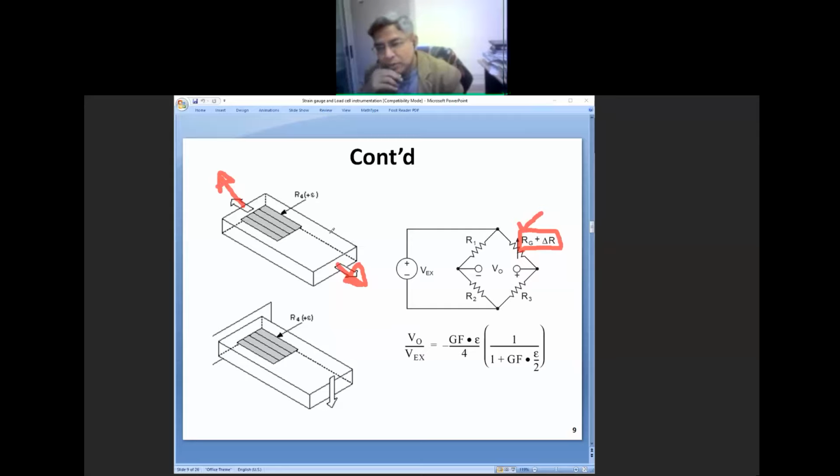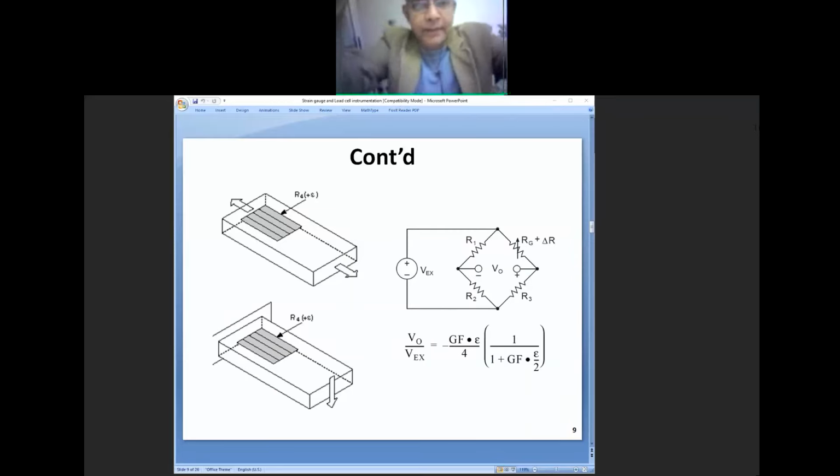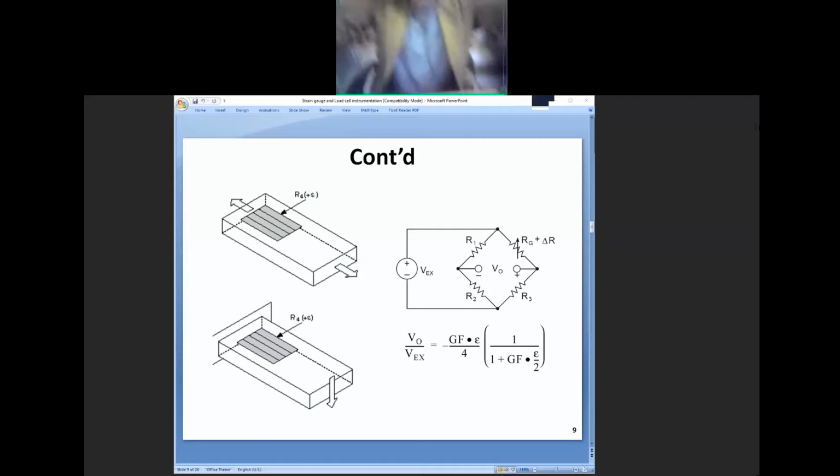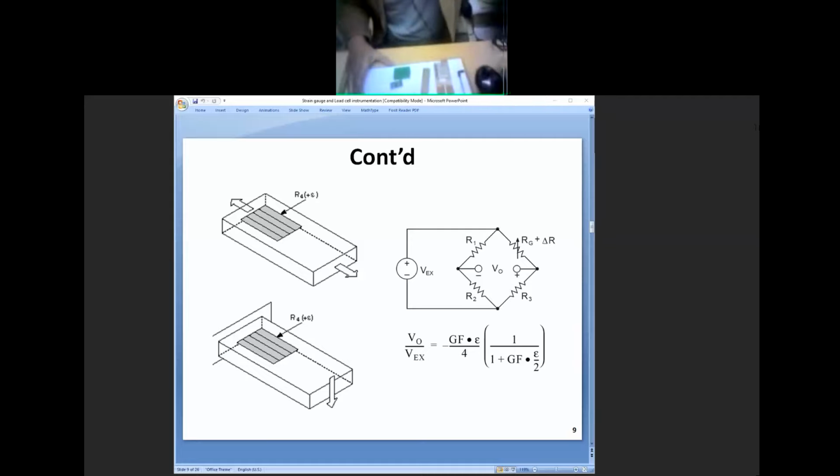One more thing I would like to mention here. Let me show you the strain gauge. Here I have a lot of things with me. Not a good contrast. Let me focus the camera. Wait just a second, a little more.